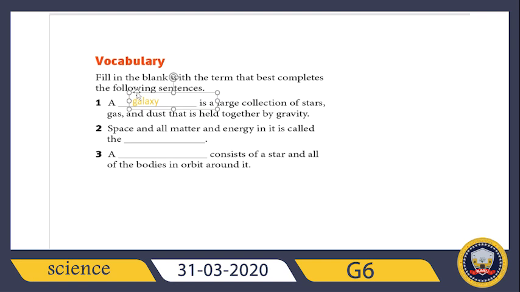And we said that our solar system is located in a galaxy called the Milky Way galaxy, and the Milky Way galaxy has which shape? Yes, exactly. It has the spiral shape.